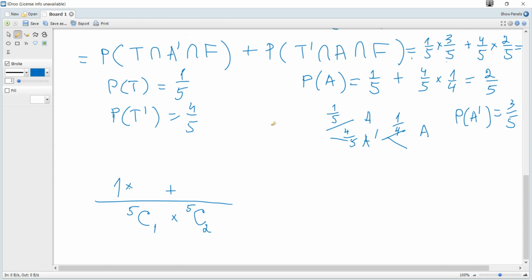And what does it mean? Since there are 5 girls in total, if Anna cannot be chosen, so we will choose out of 4 remaining girls, and we need 2 girls, so it will be number of combinations 2 out of 4, plus not Tim, but Fred is already chosen, 2 boys in total should be chosen, so we need 1 remaining boy should be chosen, but it cannot be Fred, it cannot be Tim.